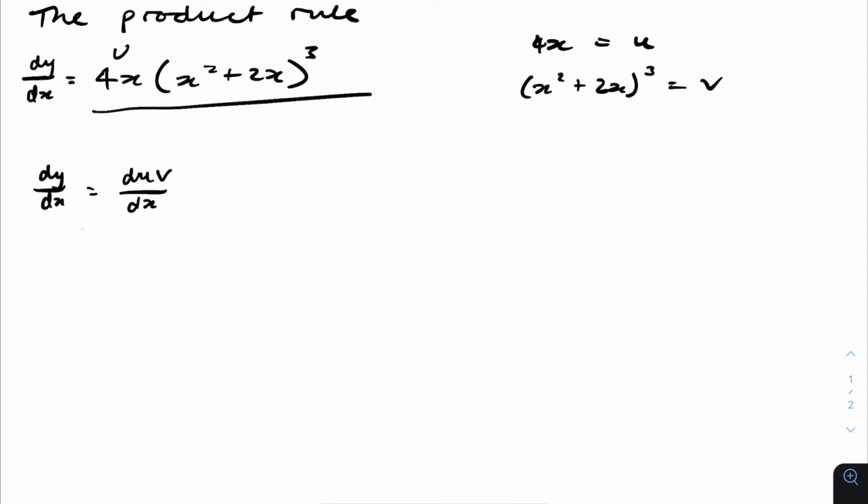This is u times v, which gives us uv. And then the way to express d(uv) over dx is dv over dx times u plus du over dx times v.